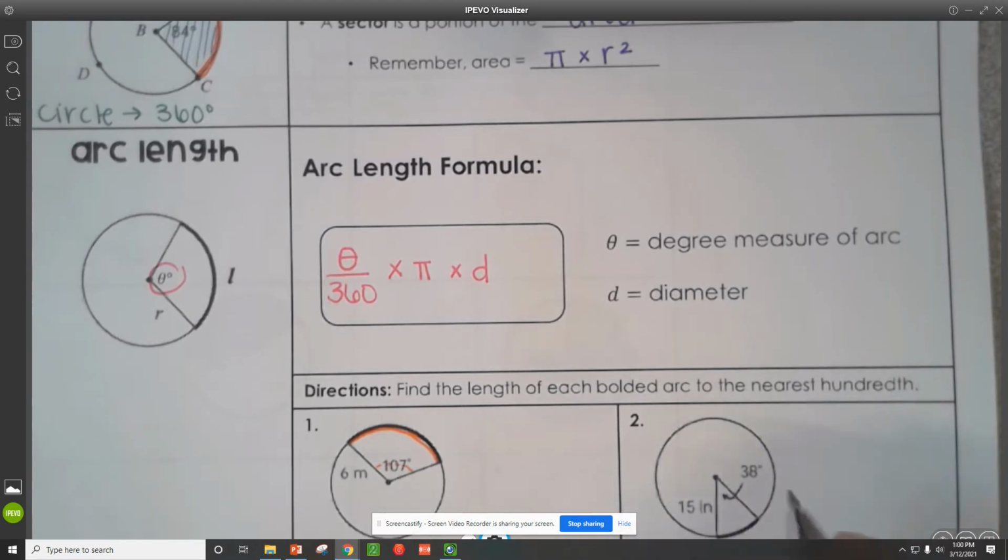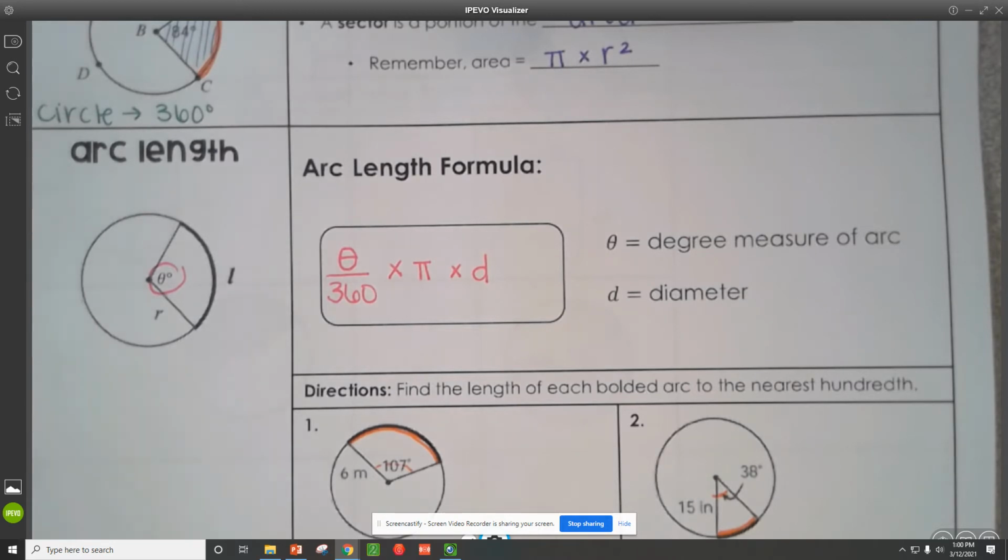All right, number two. This is the arc, and the angle inside that is 38. So 38 over 360 times pi times diameter. My diameter would be 30. That's 9.95 inches.